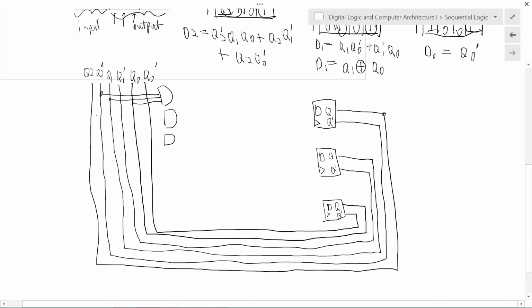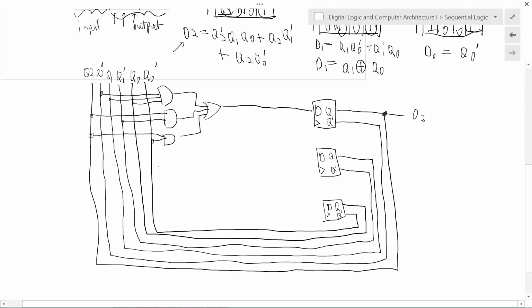Now we have Q2 with Q1 prime and Q2 ANDed with Q0 prime. We just copied this equation. OR these together, and we have the value for D2. This is our output, O2 here.